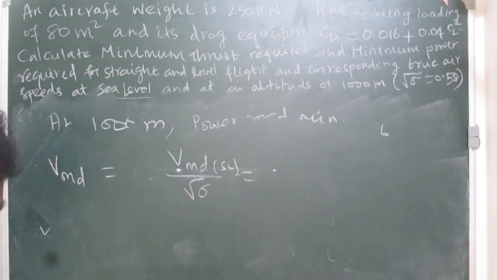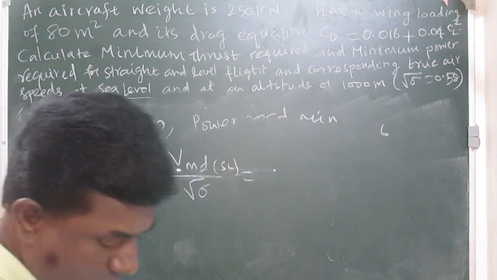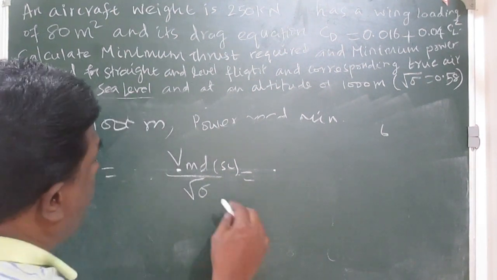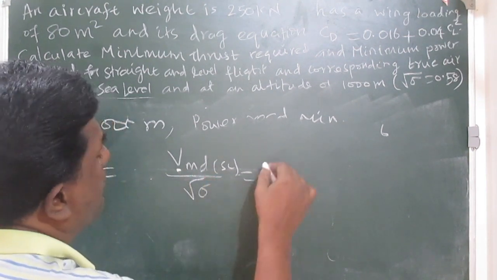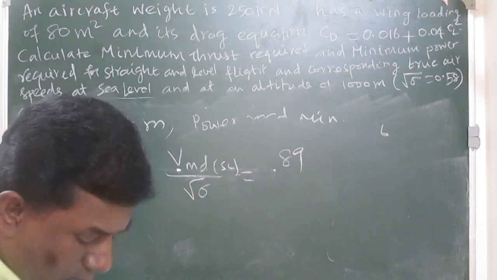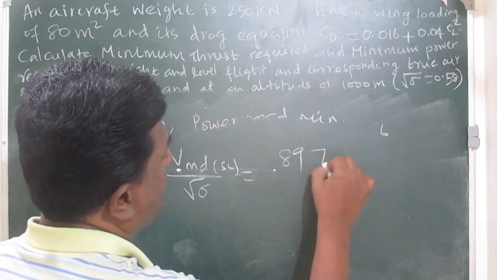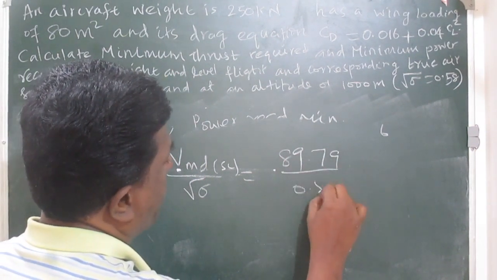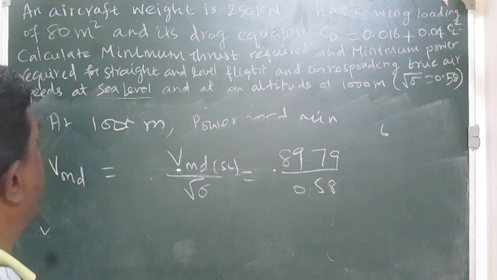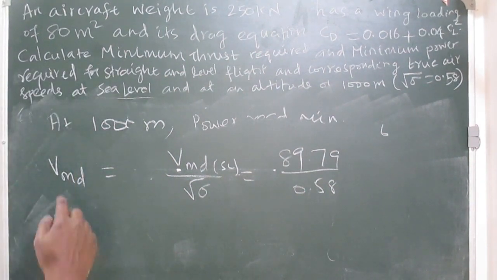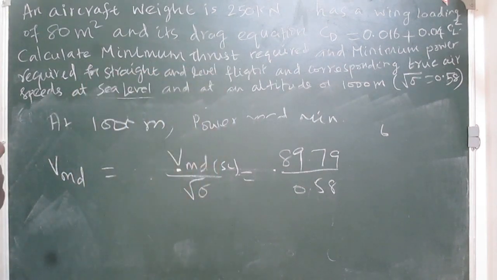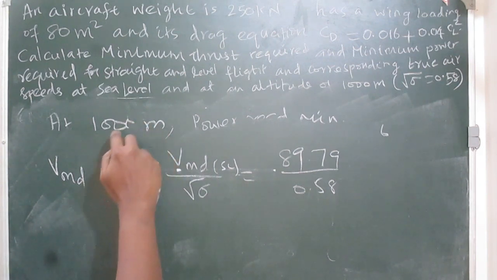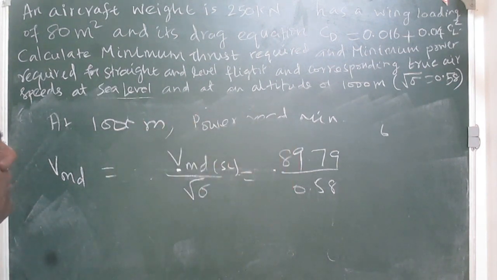Substituting the value, 89.79 divided by root 0.58, you will get the velocity at minimum drag. This way we can find the thrust required minimum and power required minimum at sea level and also at an altitude of 1000 meter.